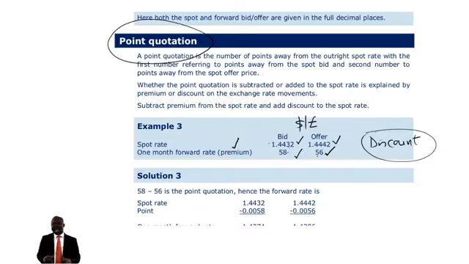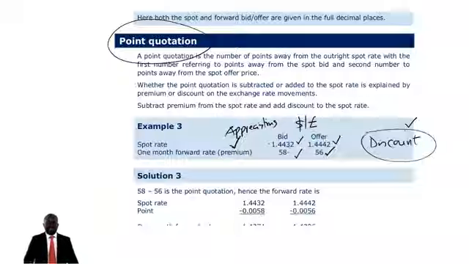And whether I have to add or deduct depends on whether the currency is at a premium or at a discount. If the currency is at a premium, we say the currency is appreciating, or if the currency is at a discount, we say the currency is actually depreciating.